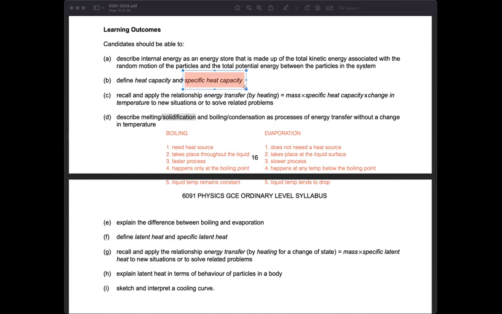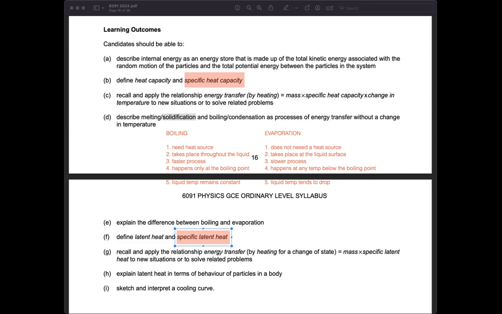That is the amount of energy required to raise 1 kilogram of the metal by 1 degree Celsius or 1 Kelvin. Okay, so what is specific latent heat? Okay, it's the same thing as this, but we use this term to describe the amount of energy required to change the state. Okay, so there are 2 types of specific latent heat.